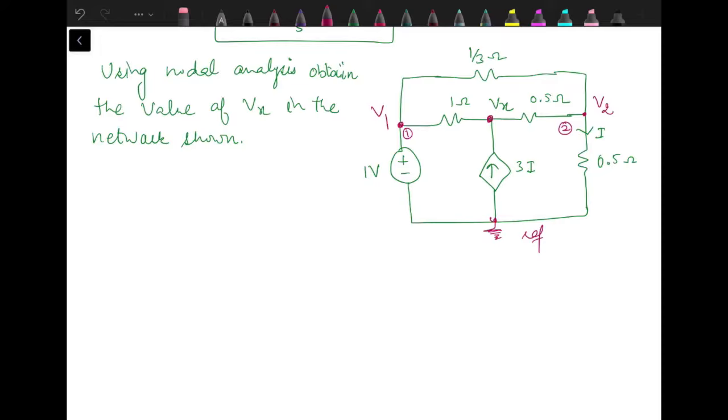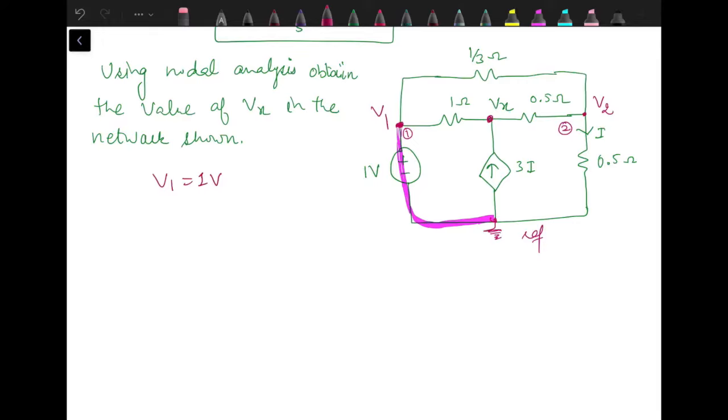Now for node 1, we have a voltage source between node 1 and reference. So this is a special case when we have a voltage source present between a node and reference; that will give us the answer of one of the voltages directly. So here we have V1 as 1 volt, one direct answer.